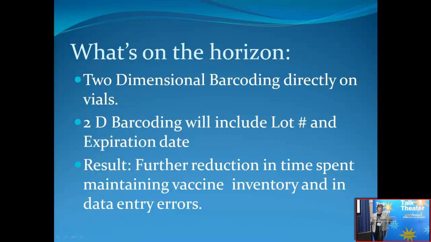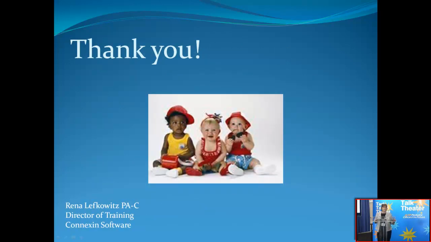And once we have all that information, then that really takes us to a whole other level with the vaccine barcoding, because we will get the complete information with one swipe, both at the vaccine management level, maintaining your inventory, as well as documenting. Okay. And so that's really where we are with the vaccine barcoding.